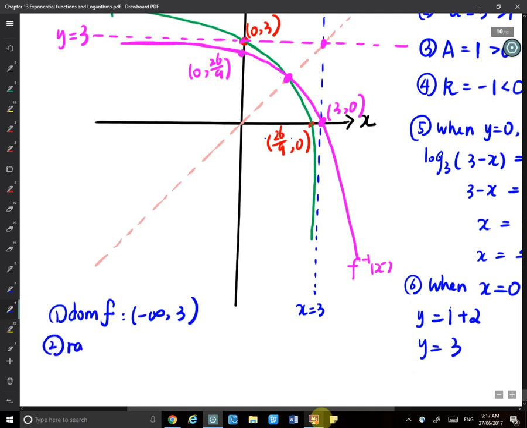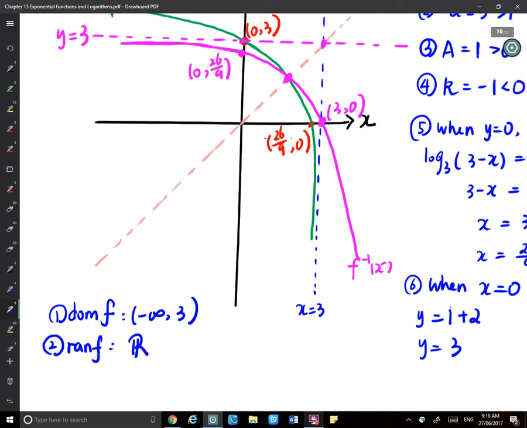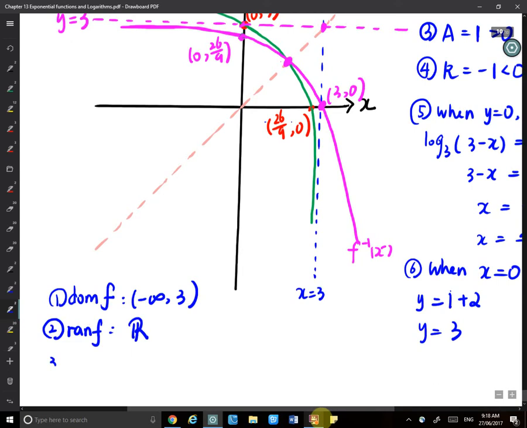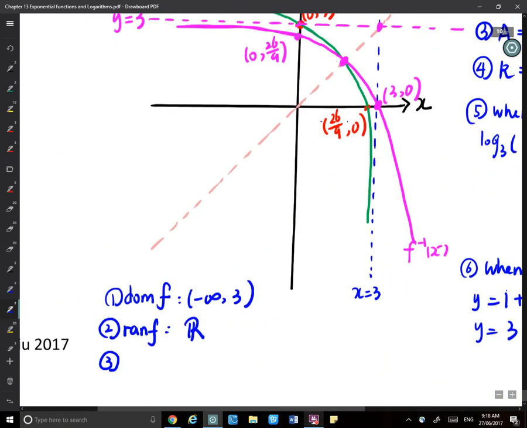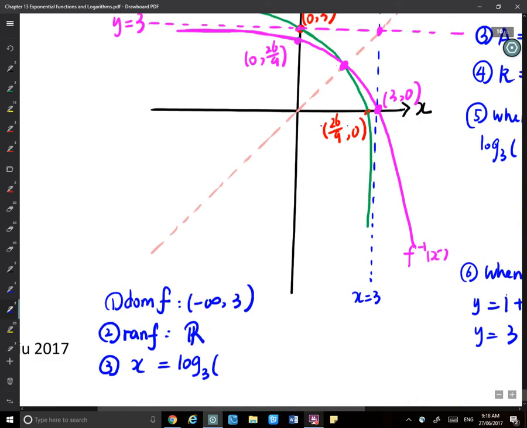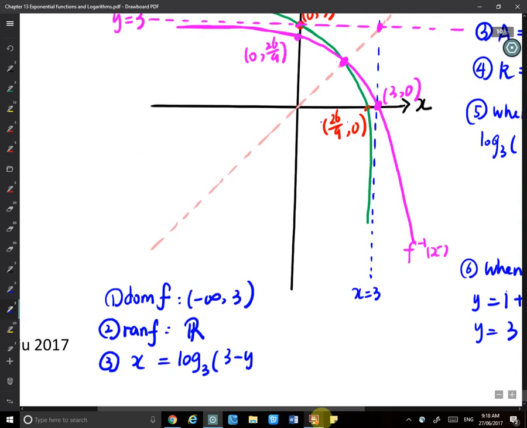Number 2, the range of the original graph is R. Range for the logarithm is just R. Number 3, just change the positions of x and y. So x equals log base 3 of (minus y plus 2).